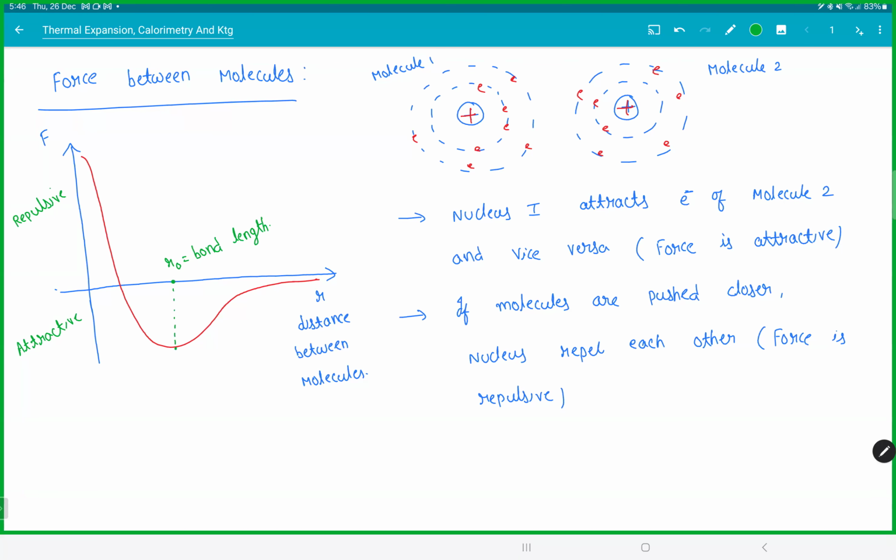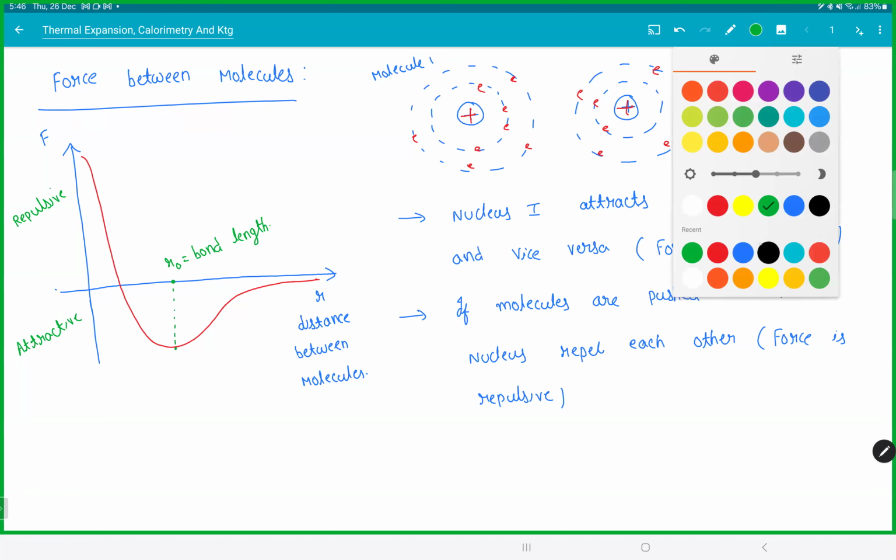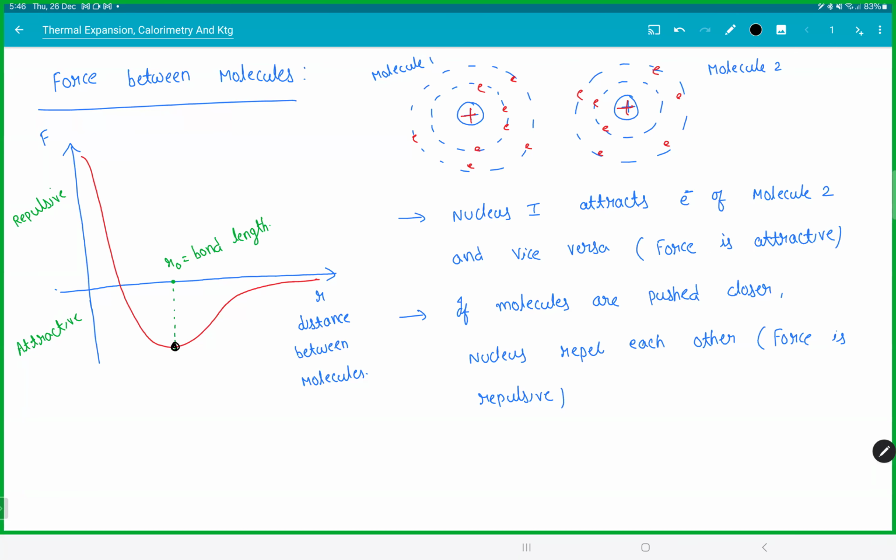Now from this logic, see what happens. Molecules are here. If you try to pull them away from each other, that is, elongate them, they will come here. Force will decrease, so it will try to come back to this position. If you try to push them towards each other, that is, compress the body, r becomes small, so the attraction force will decrease again, and they'll try to come back here.